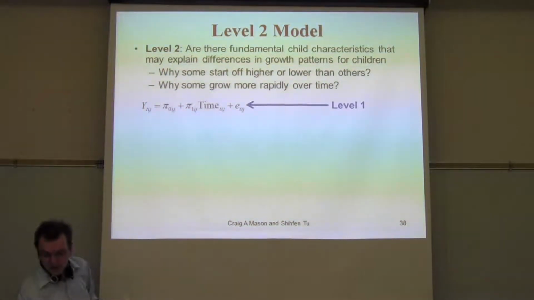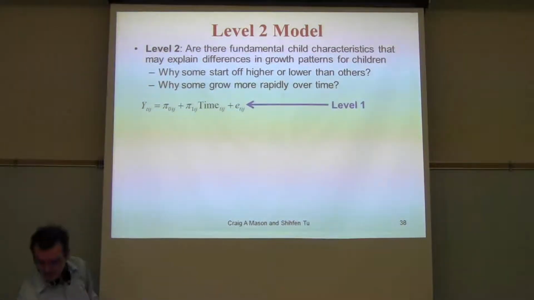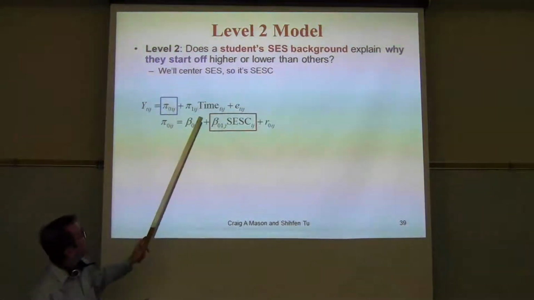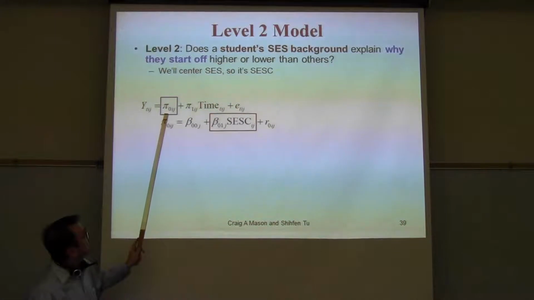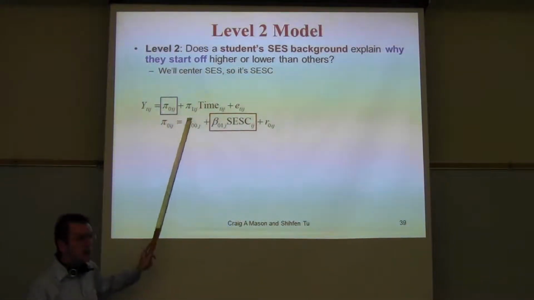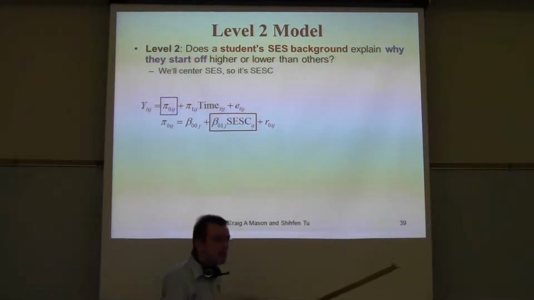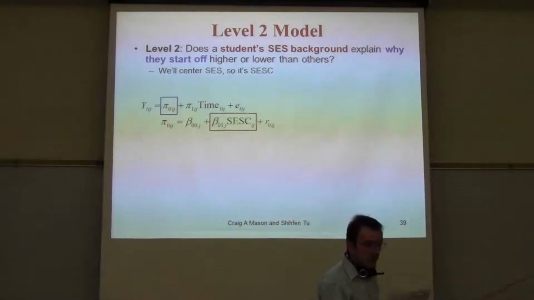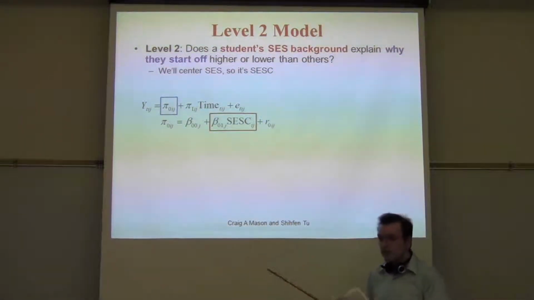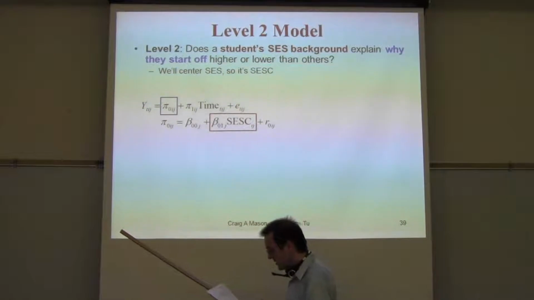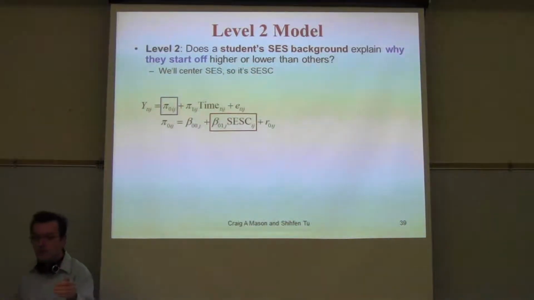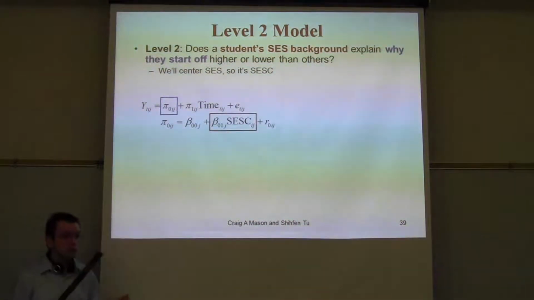So level 2 asks, with level 2, we start to take a look at each of the parameters, at each of those pis. And if we start with that first question, are there child characteristics that explain why some students start off higher or lower than other students?